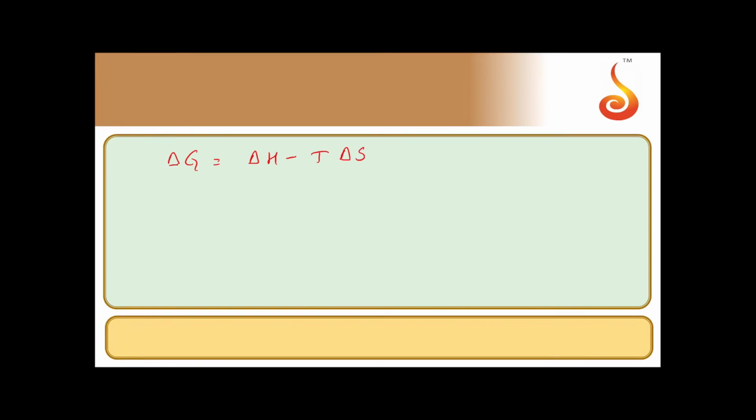So delta H will be equal to delta G plus T delta S. Delta G we already found, minus 13.124 into 10 to the power of 3, so that it comes in joules, plus 298 into the delta S value we found, 77.2.